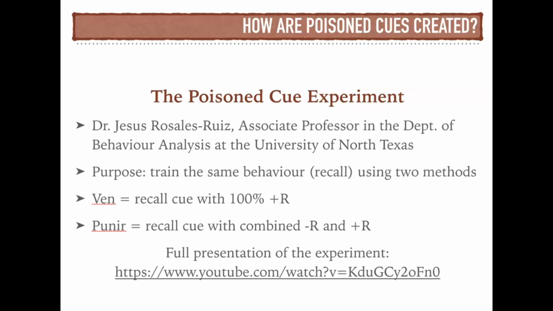In contrast, the punir cue would similarly have a dog that would come promptly and efficiently, but with tail low, ears low, not cowering or anything, but not the happy body language that you saw with the VEN or 100% positive reinforcement based cue. So you really start to see the difference here, and you can clearly see in the behavior of the dog which one makes the dog feel good and which one makes the dog feel uncertain.